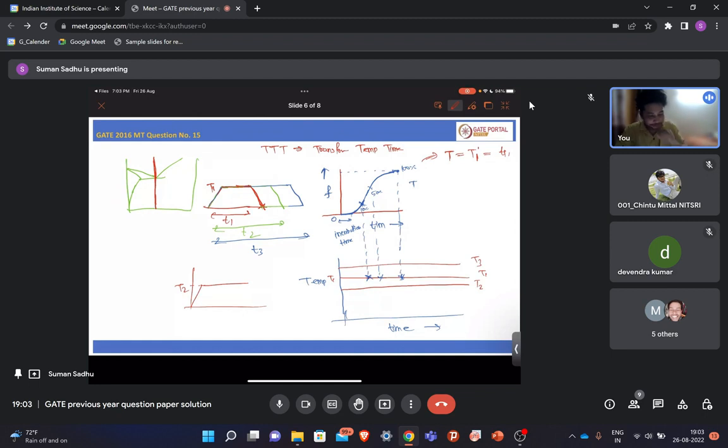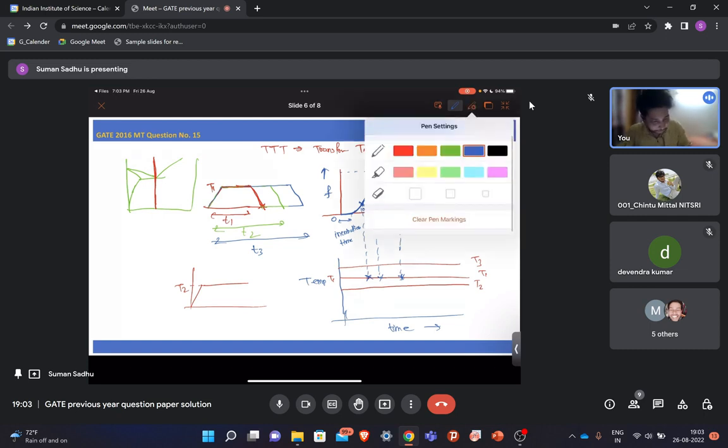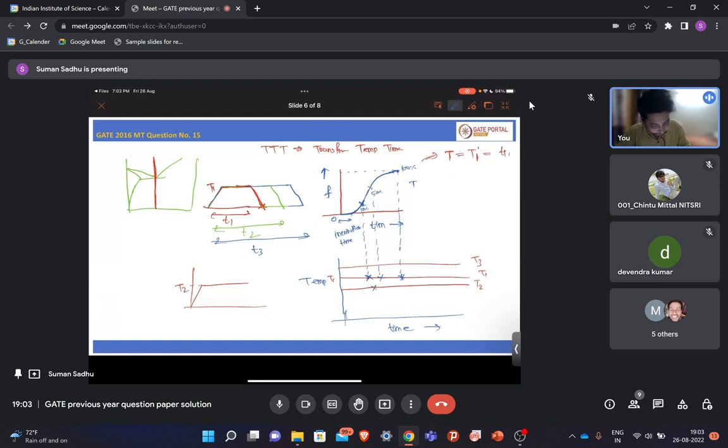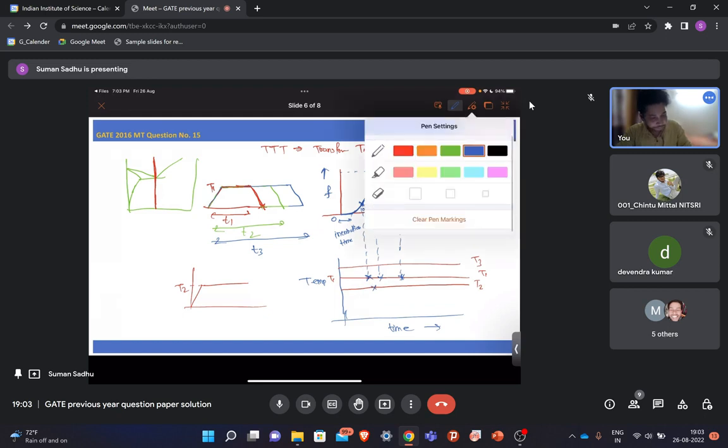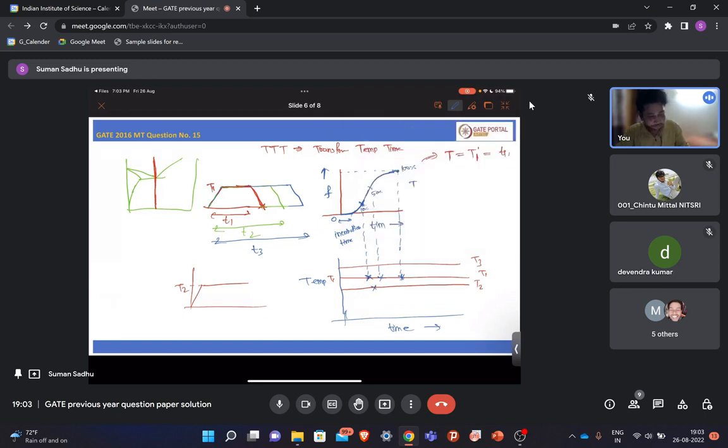Again you will get some fraction transform, but in this case a longer time will be required, because you are doing it at lower temperature. So the 10% transformation, let's say it will be here in this case. Again if you do this at T3 and T4 like this, you will get these points.